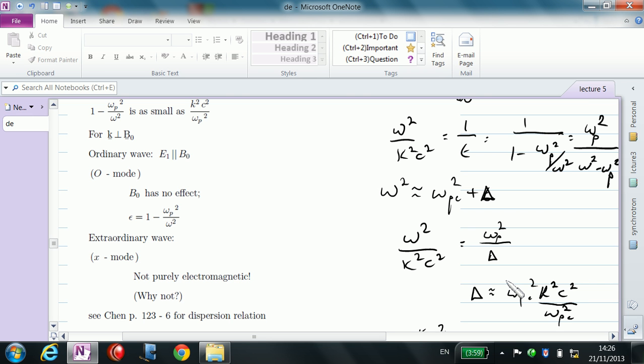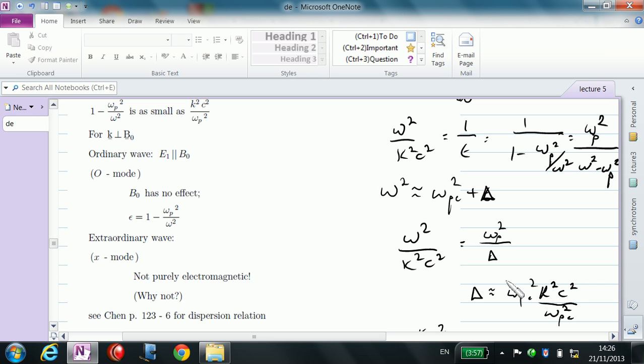The z dimension is finite, but that's just because it's a waveguide. In the x direction, it's infinite. The wavelength is infinite because nothing depends on x. Now, if you have a finite frequency and an infinite wavelength, then you have an infinite phase velocity.